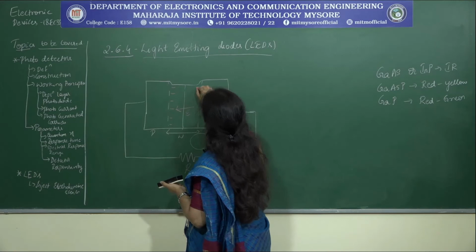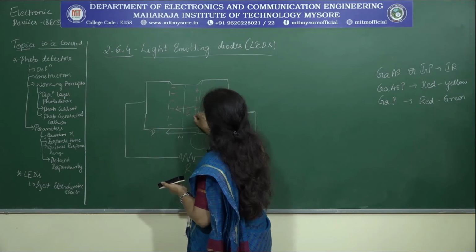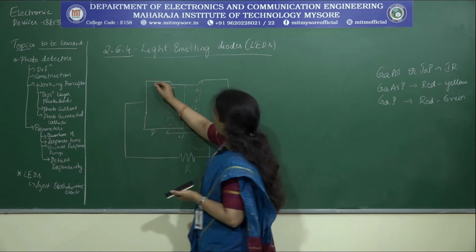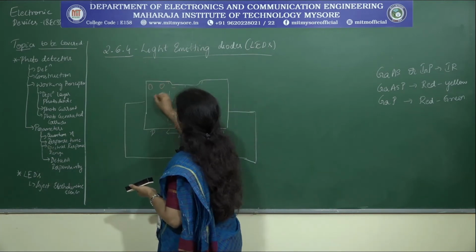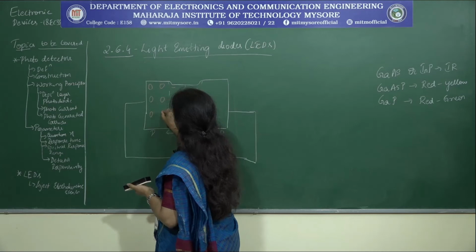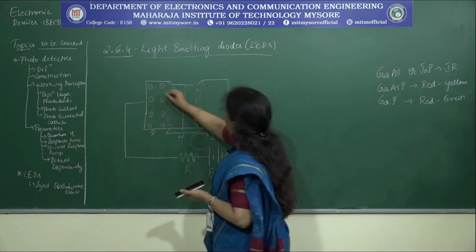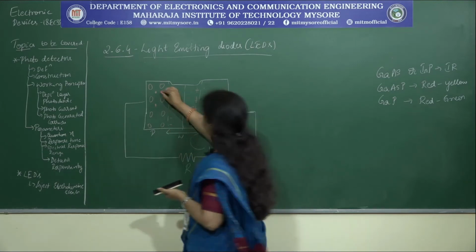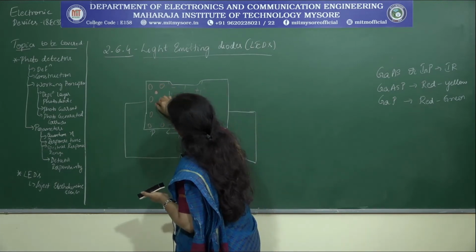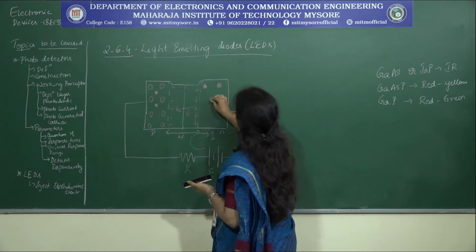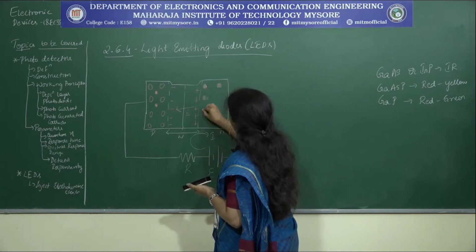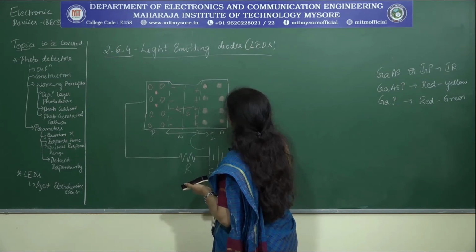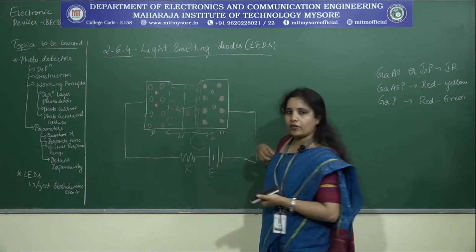Immobile negative and positive ions, and then here the majority carriers are holes, here the minority carriers are electrons. I hope you can make out the difference. Now this is the structure that we have.